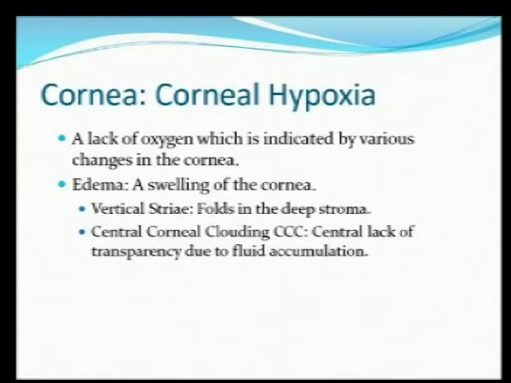As it swells toward the front, it starts to form wrinkles toward the back. And these wrinkles or folds in the deep stroma or Descemet's membrane are referred to as stria or striations, and they tend to have a vertical orientation. One of the things that we'll go through as we talk about using the slit lamp is how to create the proper illumination to be able to see these folds in the deep stroma.